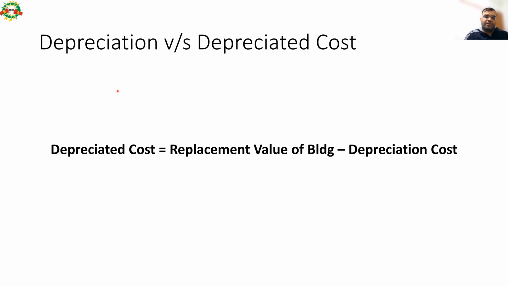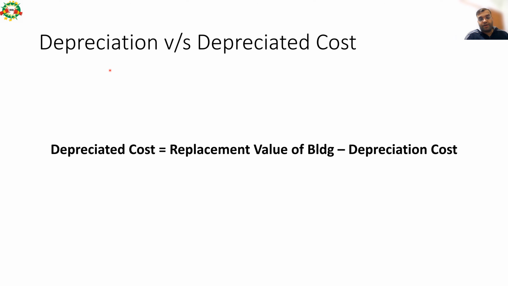So what is the difference between depreciation and depreciated cost? These two terminologies are very confusing, although a very simple concept is there. Normally we solve the entire numerical, we get all the values, and we may mark a wrong answer in the question. So whenever the word depreciation is there, please try to read that question twice or thrice and try to understand whether the examiner is asking for depreciation or depreciated cost.